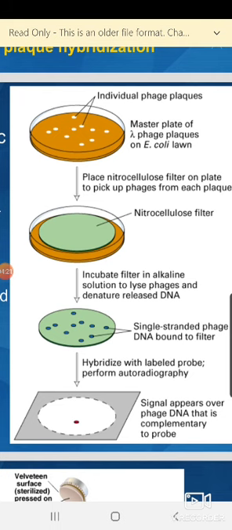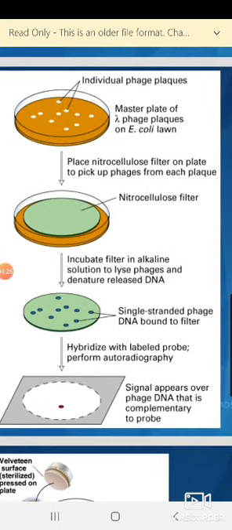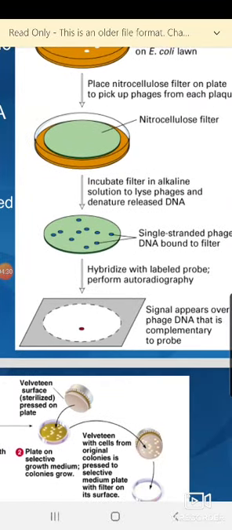Now place the nitrocellulose filter on the plate to pick up the phage from each plaque. Once that is done, incubate the filter in alkali solution to lyse the phage, denature, and release the DNA. After that you need to make it irreversible binding. The DNA should bind to the membrane irreversibly, so you can bake it or cross-link with UV.